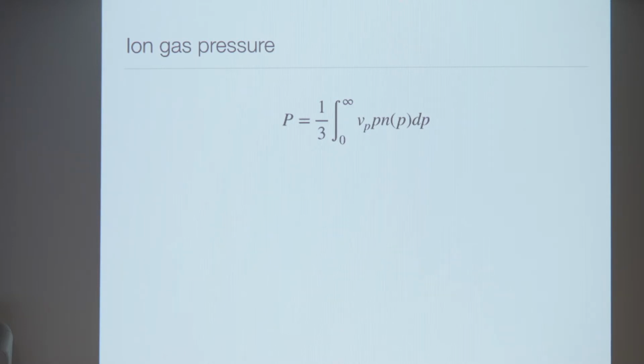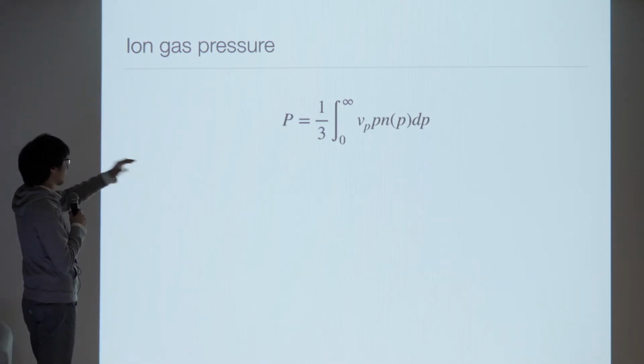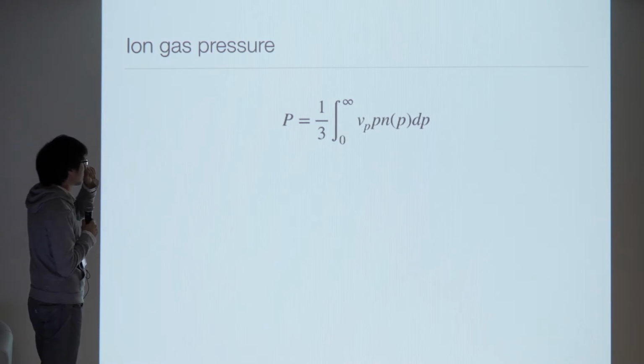So, ion gas pressure, and we are going to derive the equation of state, which relates pressure, density, and temperature. As a basic reminder, pressure can be written in this way if you have a velocity or momentum distribution given by n(p).